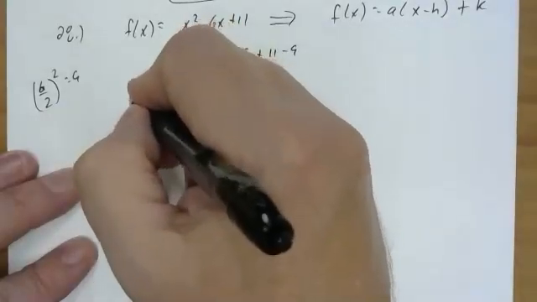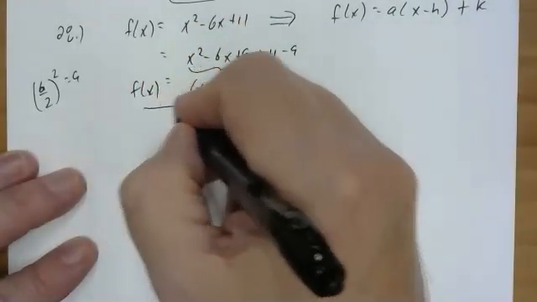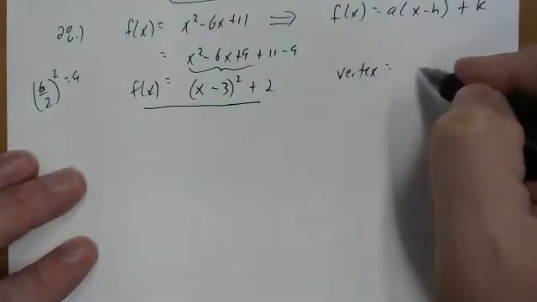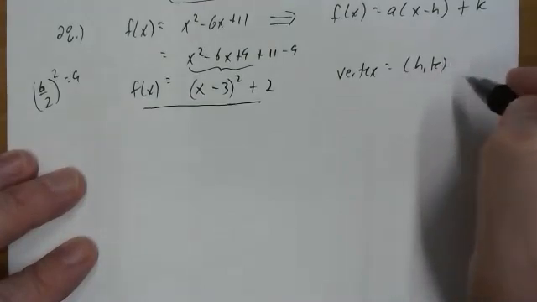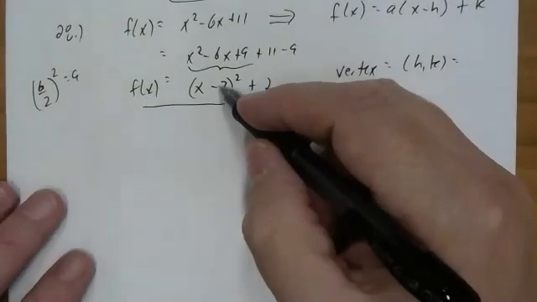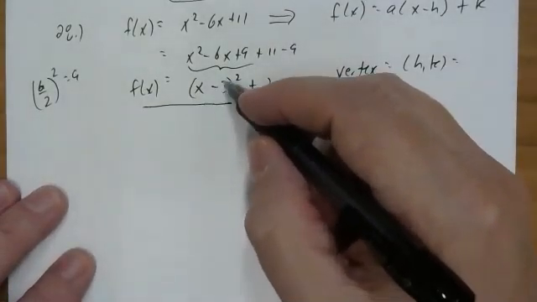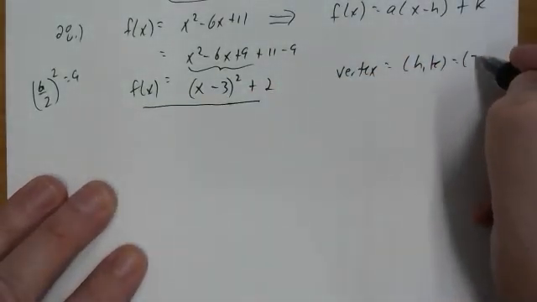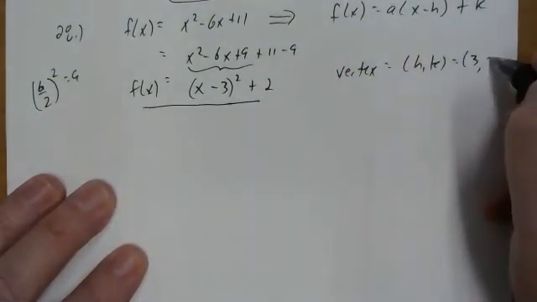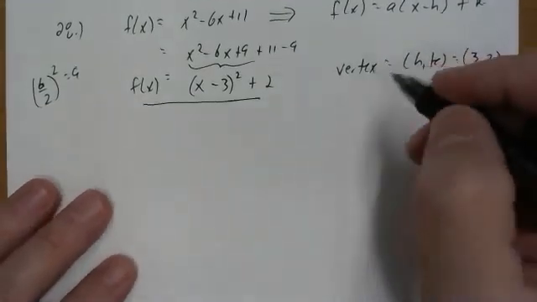So then that should be the equation. Vertex is HK. So for this H, I have to use my special rule where the minus 3 means it's going to actually be positive 3. And then the 2, K is just the 2.